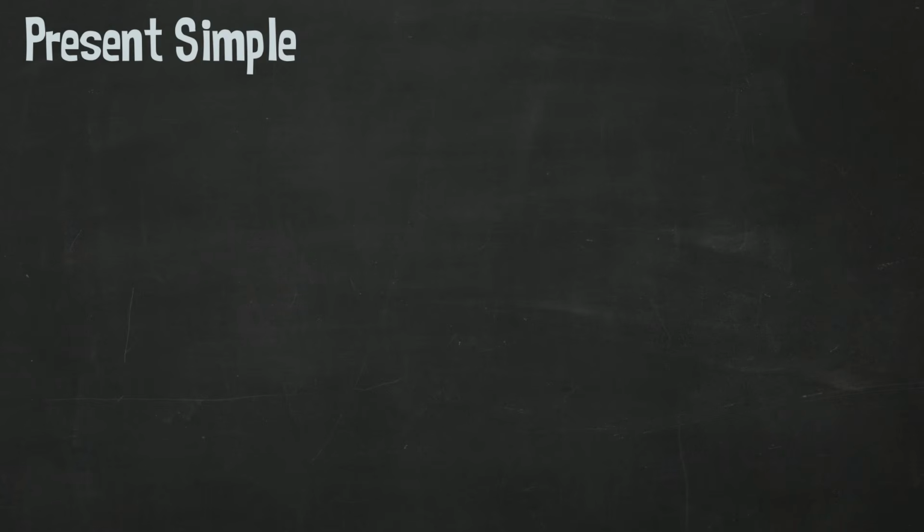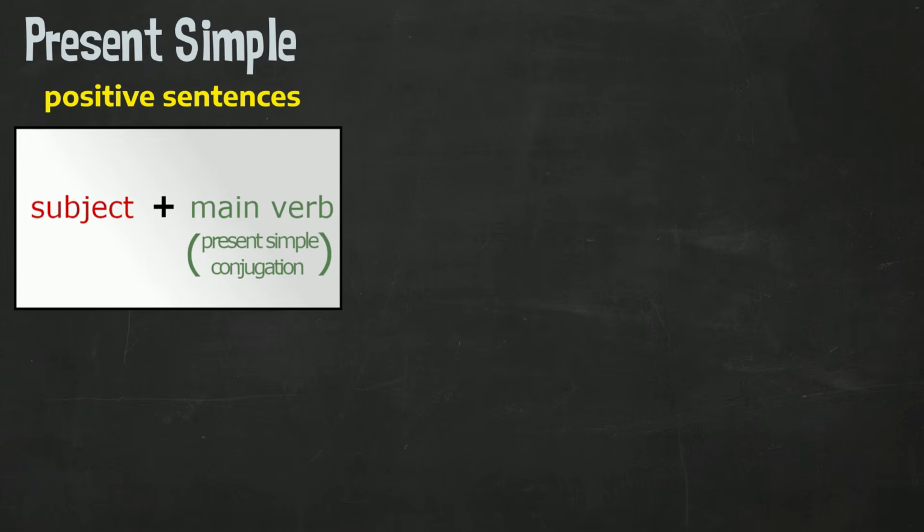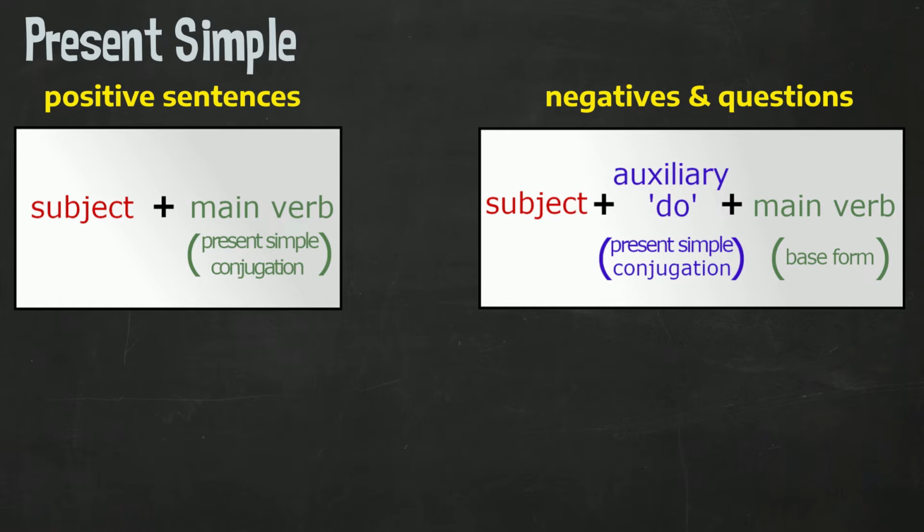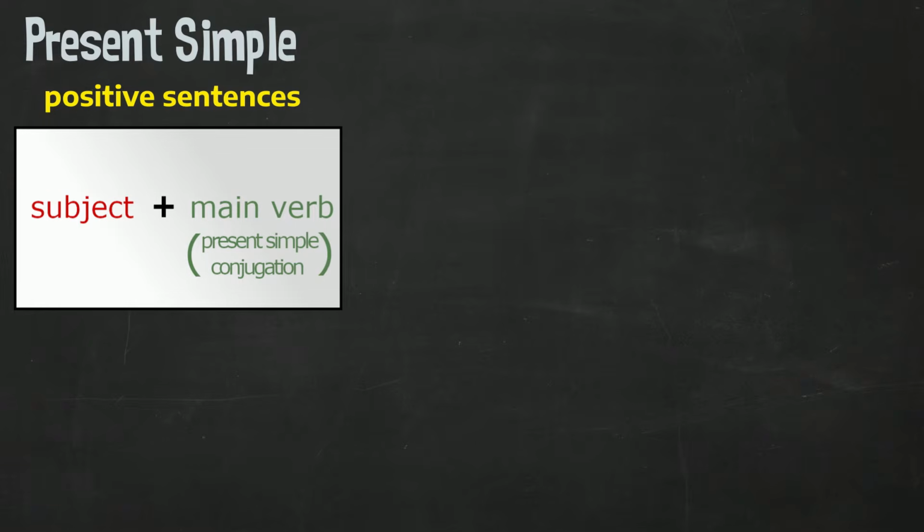There are two basic structures for the use of present simple. One is used for positive sentences, and the second structure is used for negatives and questions. Let's start by taking a closer look at the first structure. When we write a positive sentence, we add the subject followed by the main verb in its present simple conjugation.